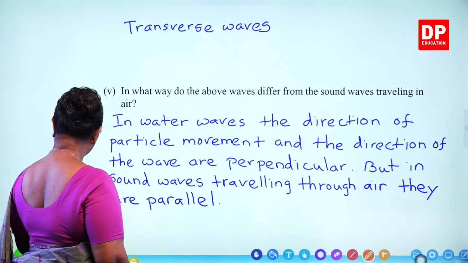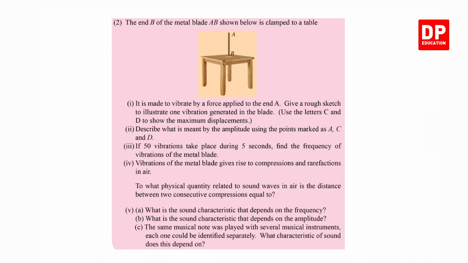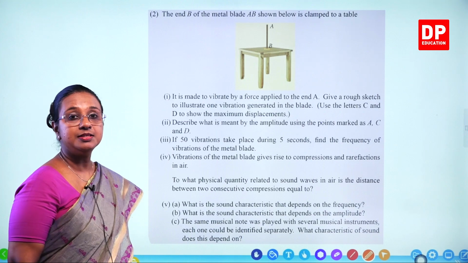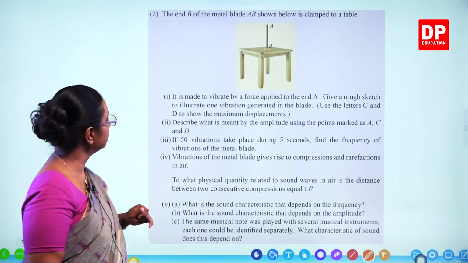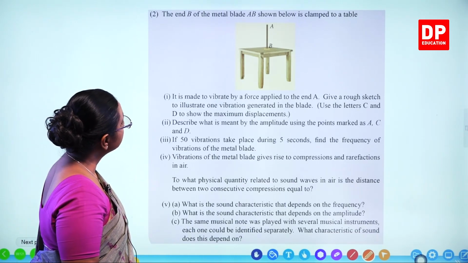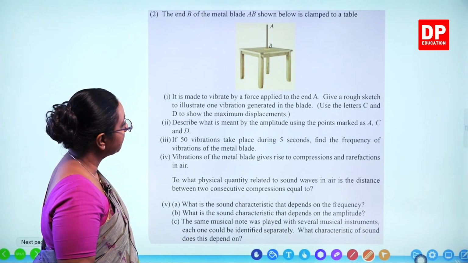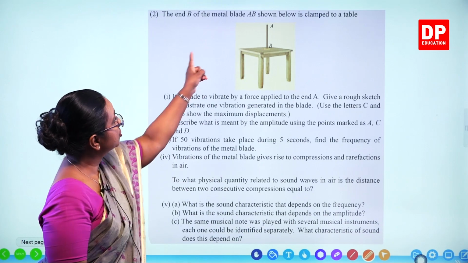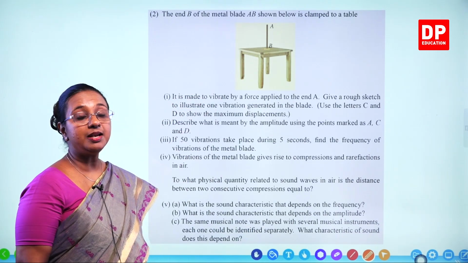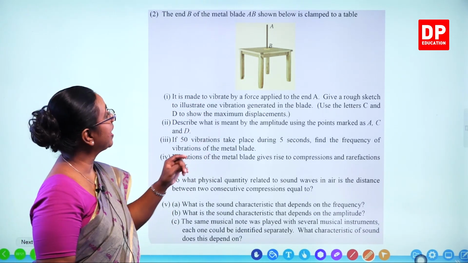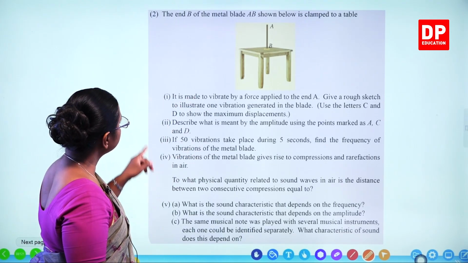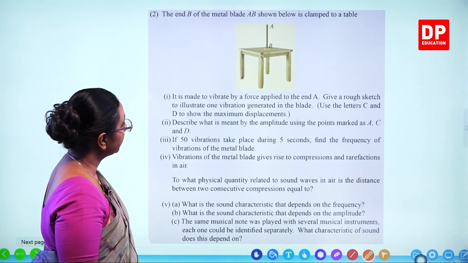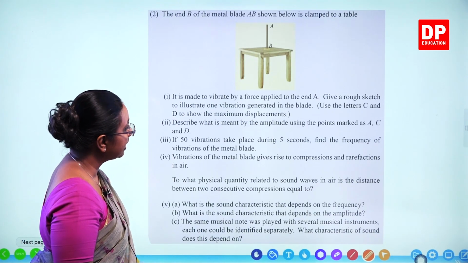The next question. The end B of the metal blade AB shown below is clamped to a table. So here B is clamped or fixed to the table. It is made to vibrate by a force applied to the end A. So we make it vibrate by pushing it or applying a force to the end A. Give a rough sketch to illustrate one vibration generated in the blade.